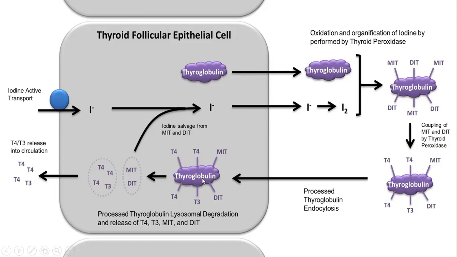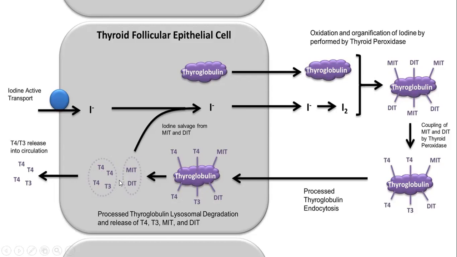Once the peroxidase processed thyroglobulin is endocytosed in the follicular epithelial cell, the thyroglobulin is broken down by lysosomes, thus releasing the attached T3 and T4, and also the attached, uncoupled MIT and DIT.